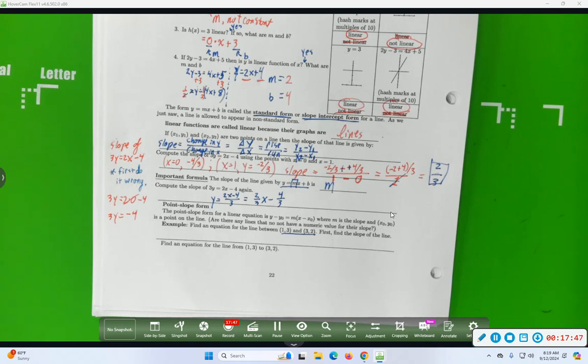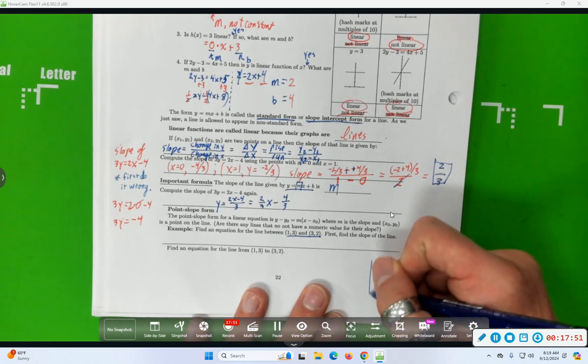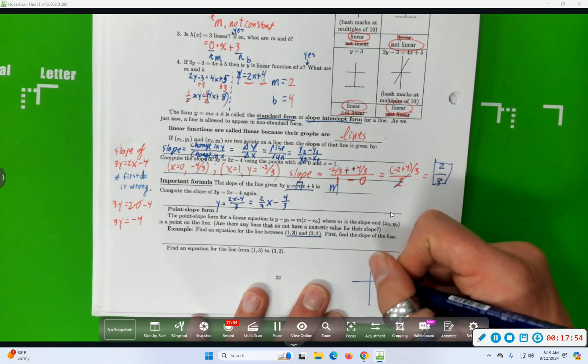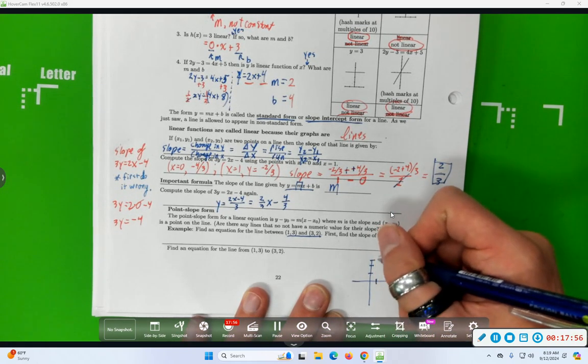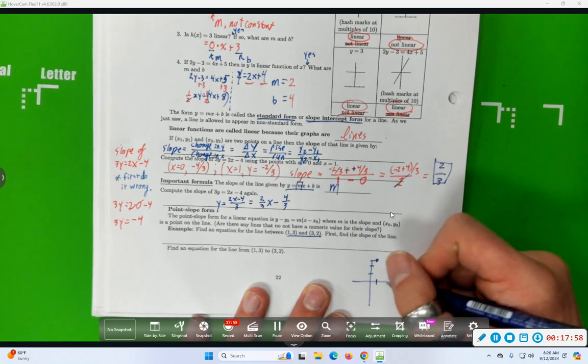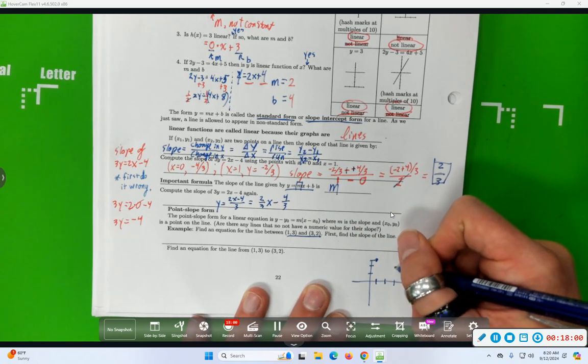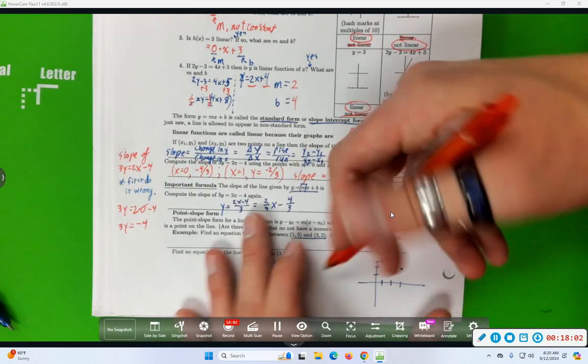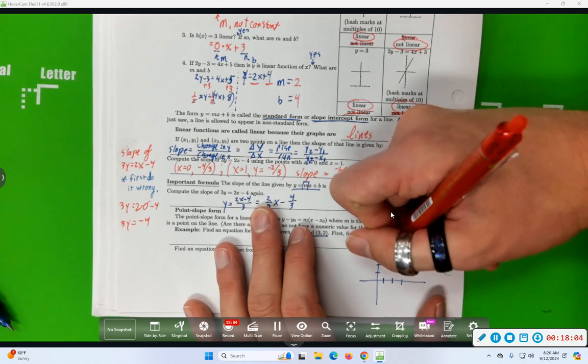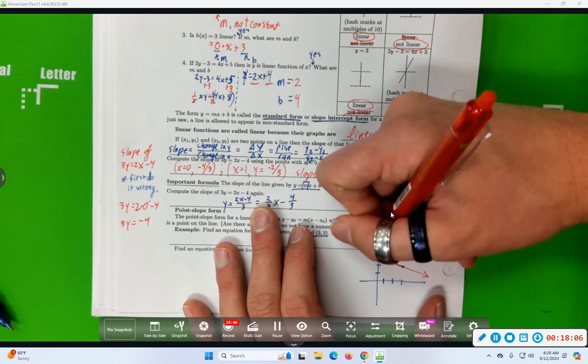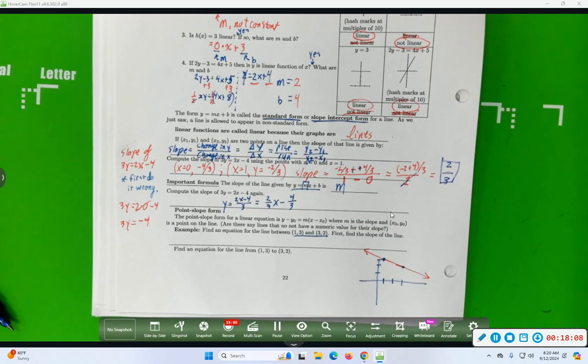Geometrically, that seems sensible, right? If you happen to know that (1, 3) is on this line, and (3, 2) is on this line, then there's only one line between those 2 points. It's that. So you know what line this is. That means you should be able to find an equation for it.